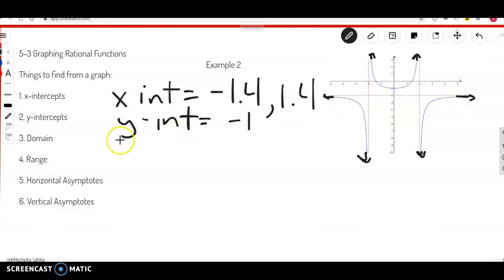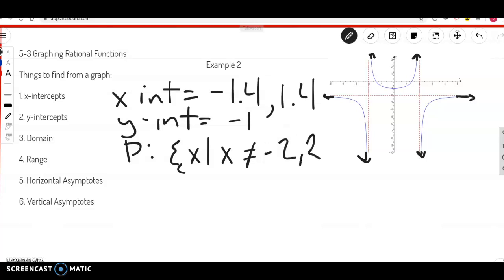And so when we look at this from the domain perspective, there are only 2 x values that are left out. It's the set of all x such that x is not equal to -2 and +2.